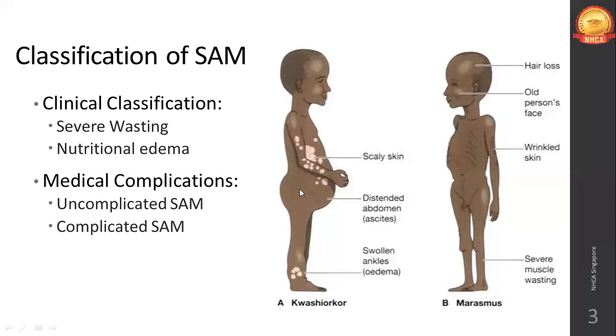The child has to be admitted on an inpatient basis. It will take weeks for the child to recover, and even after discharge, follow up care is given. So this is the classification of severe acute malnourishment. Is it clear to all?